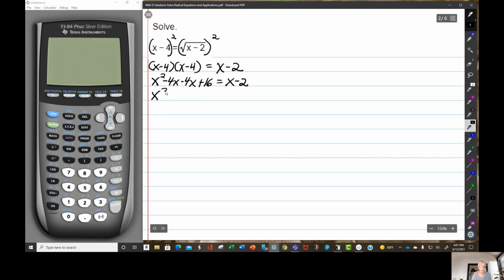So we have x squared minus 8x plus 16 equals x minus 2. Now this is a quadratic equation. So that means I have to use the zero principle.